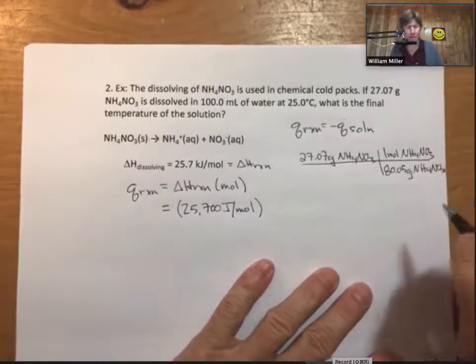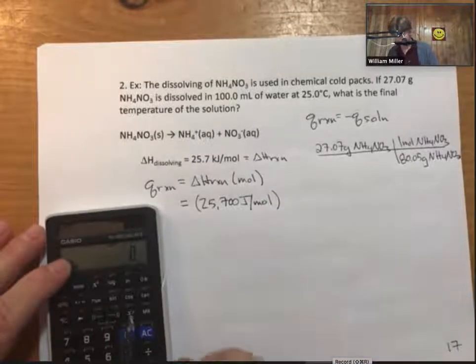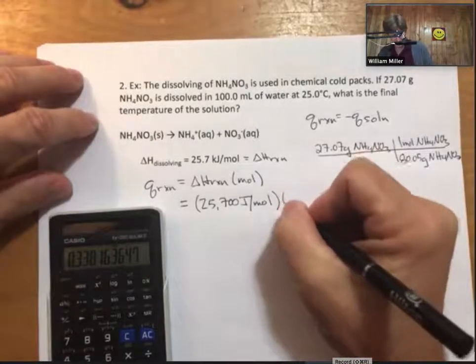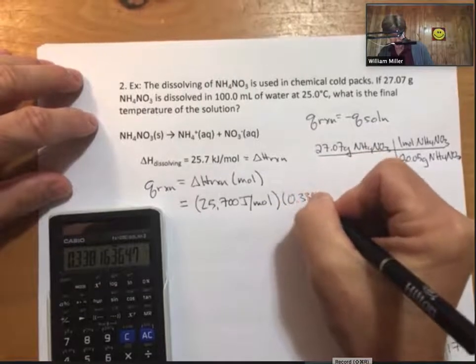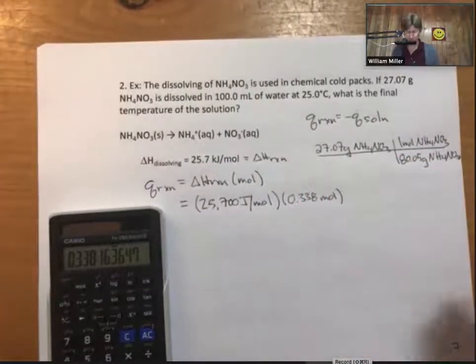When I multiply this out, I get 0.338 moles. There's only one reactant, so it must be the limiting reactant.